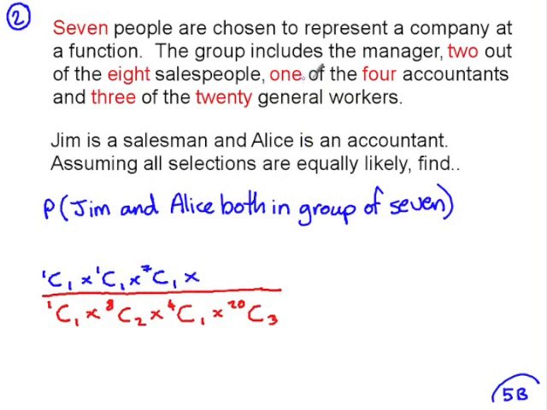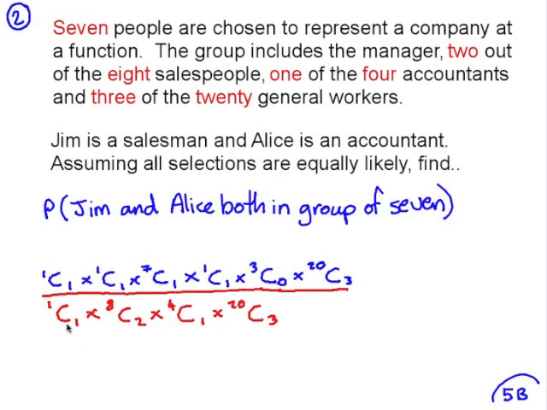Then Alice is the accountant, so we're choosing 1 from 1, Alice, and from the remaining accountants we don't want any of them, and we still want 3 of the 20 general workers.